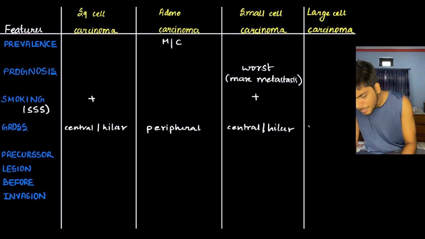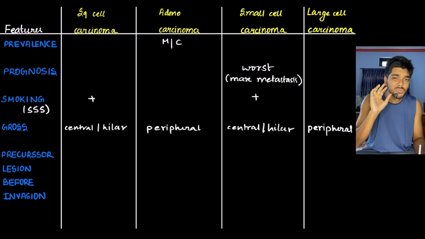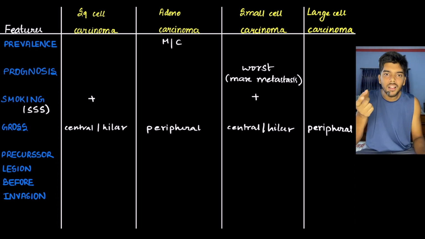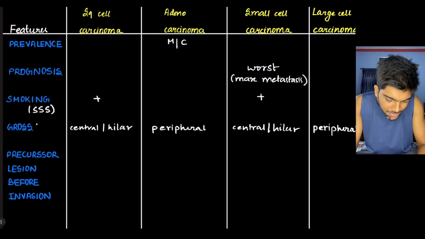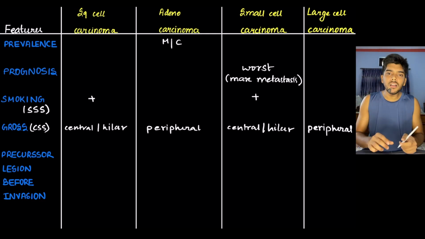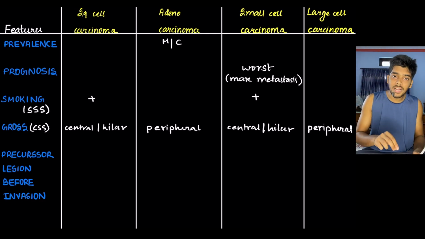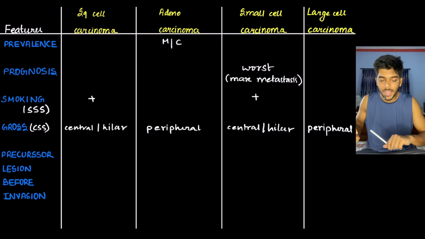In large cell carcinoma, also you have peripheral type. So the letter C kind of sounds like S. So central, squamous, small, or just simply remember CSS. So the central or hilar type is found in squamous cell carcinoma and small cell carcinoma. Remaining is adenocarcinoma and large cell carcinoma, where peripheral type is found.